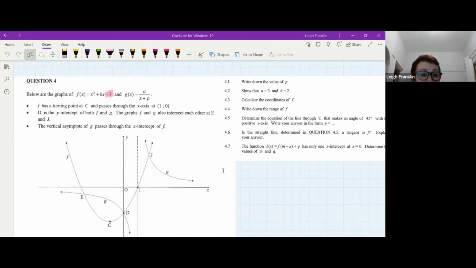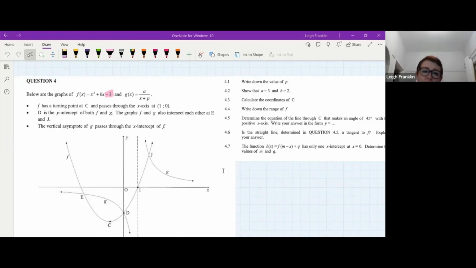The vertical asymptote of g passes through the x-intercept of f. So that also gives us some important information. What exactly are they trying to tell us? What do we interpret from that?